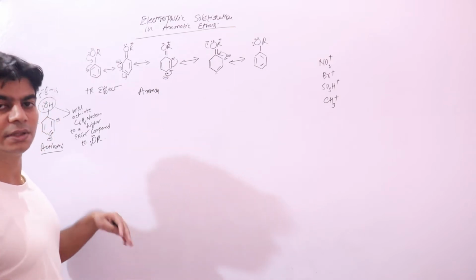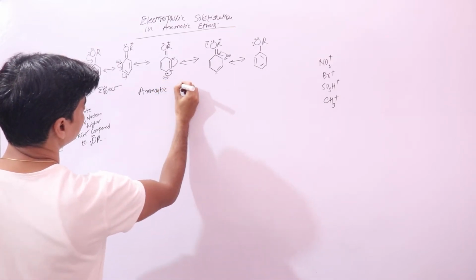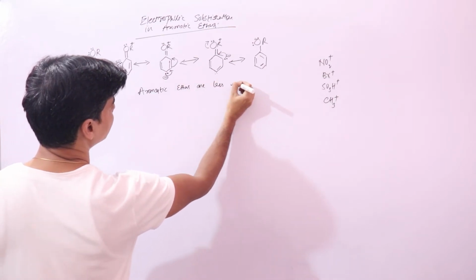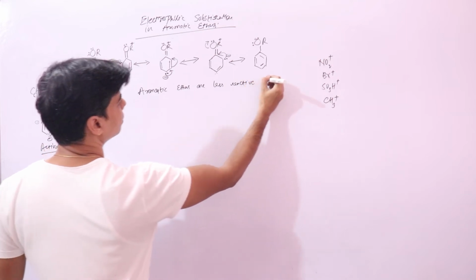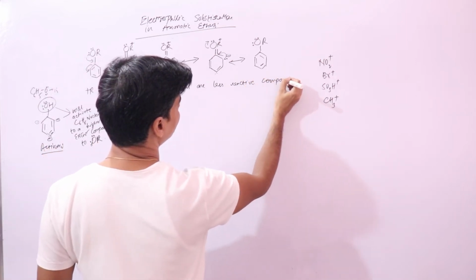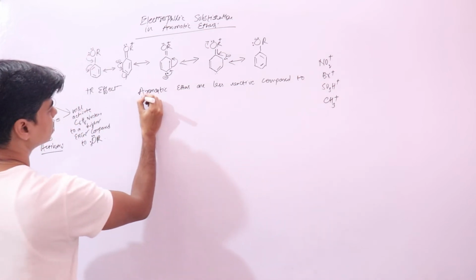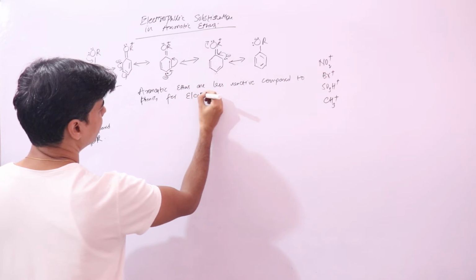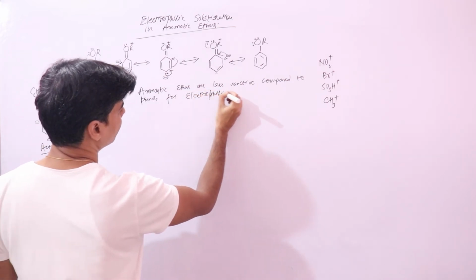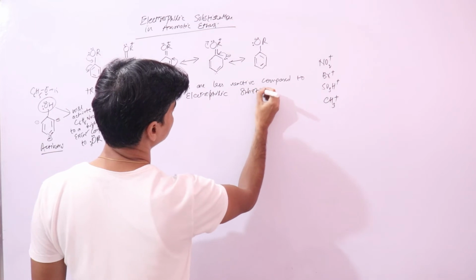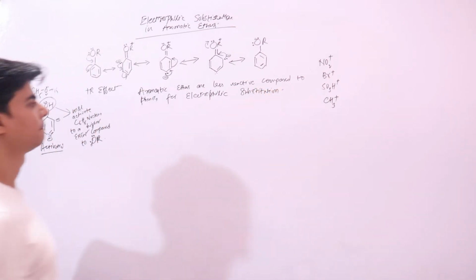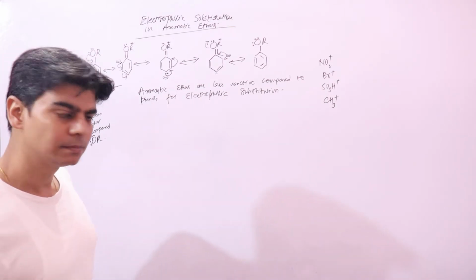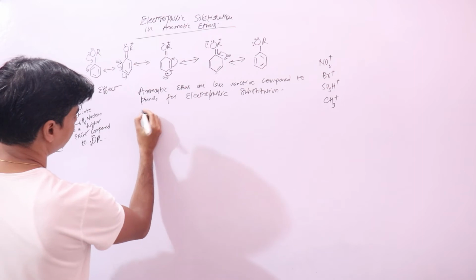Due to less activation, aromatic ethers are less reactive compared to phenols for electrophilic substitution. Now coming on to reactions, let's look at halogenation.